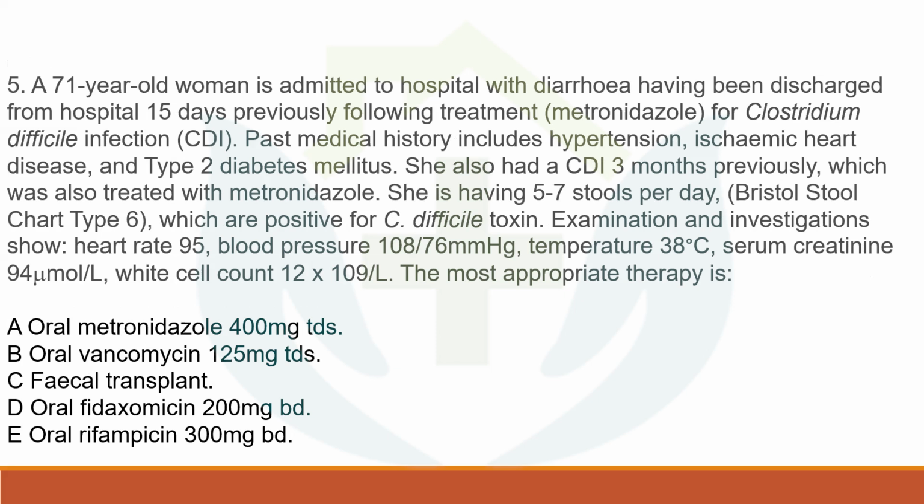She is having 5 to 7 stools per day, Bristol stool chart type 6, which is positive for C. difficile infection toxin. Examination and investigation shows a heart rate of 95, blood pressure 108/76, temperature 38, creatinine 94, and WBC of 12. The most appropriate therapy is oral metronidazole, oral vancomycin, fecal transplant, oral fidaxomicin, or oral rifampicin.